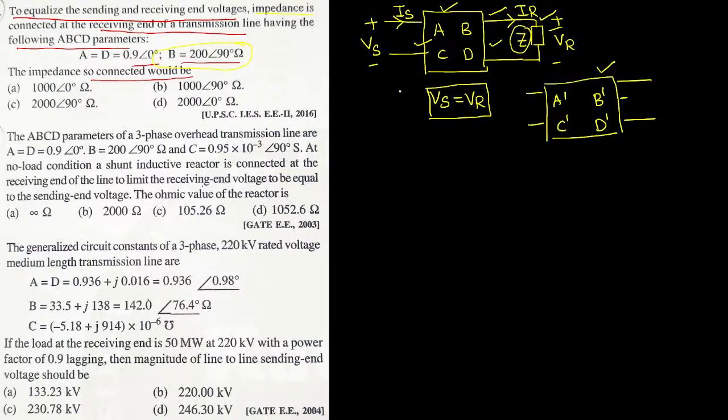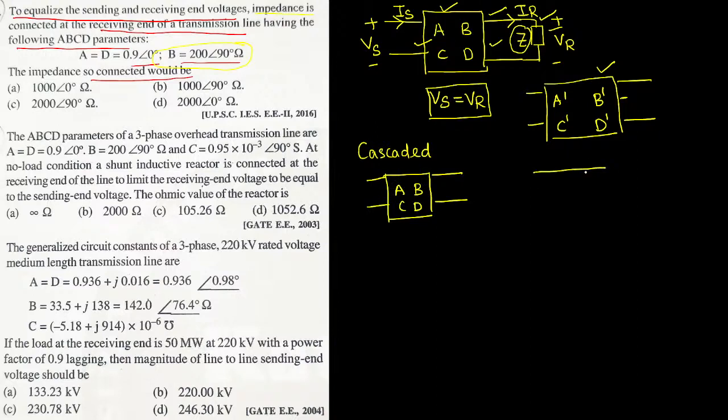Let us try to reduce. First of all, ABCD parameters are cascaded. Cascaded means we will connect them in series. So let me break this network into two. The first network has a certain ABCD parameter, I am just calling it A, B, C, D. That is the existing line.